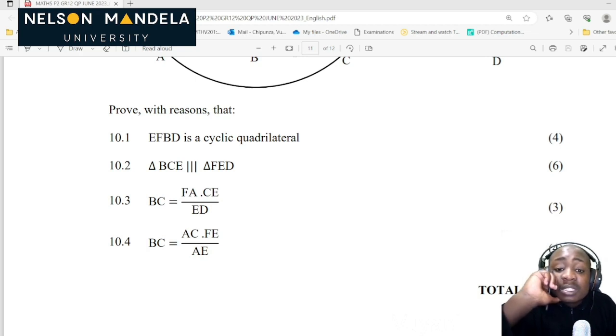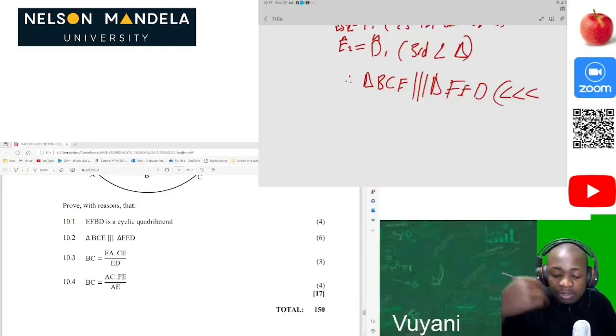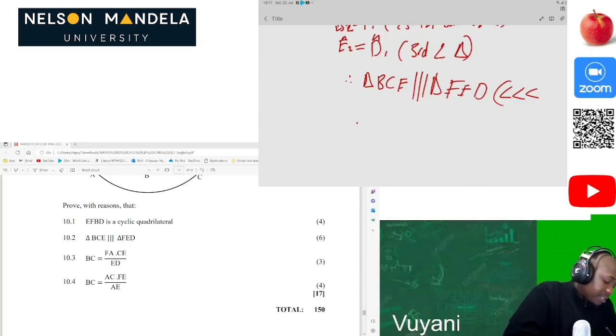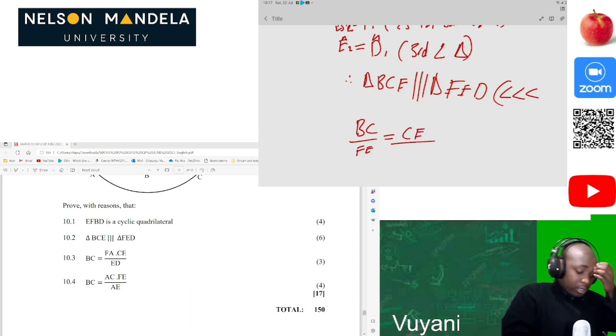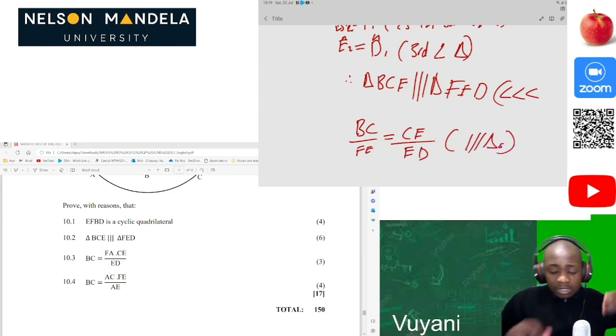Prove with reason that BC equals FA times CE divided by ED. That's already easy, because we can now use our similar triangles theorem. From these two triangles, BC over FE is equal to CE over ED, because of similar triangles, since we've proved it and it's now our right to use it.